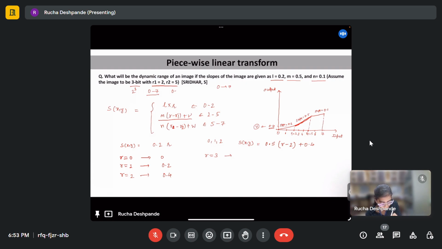So here if we substitute r equal to 3, we should get 0.5 into 1, which is 0.5, plus 0.4. Is it clear?